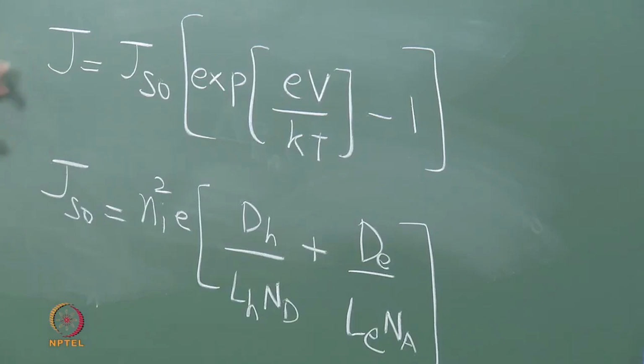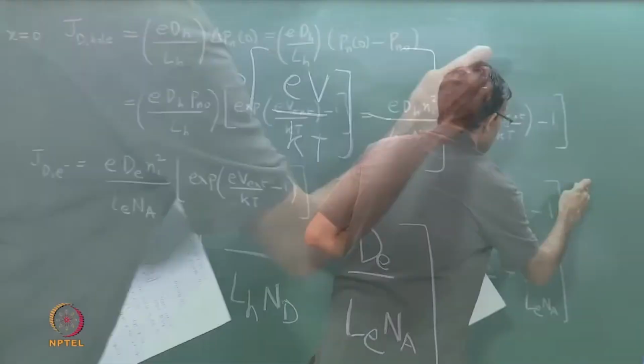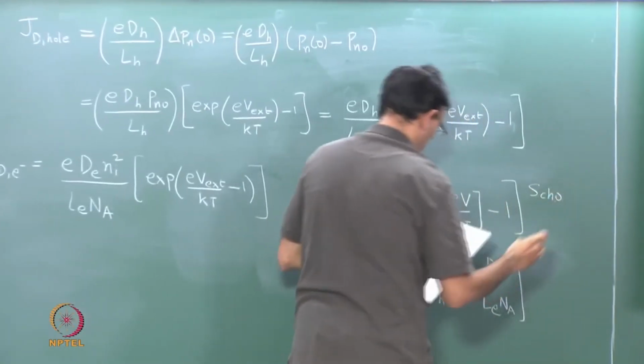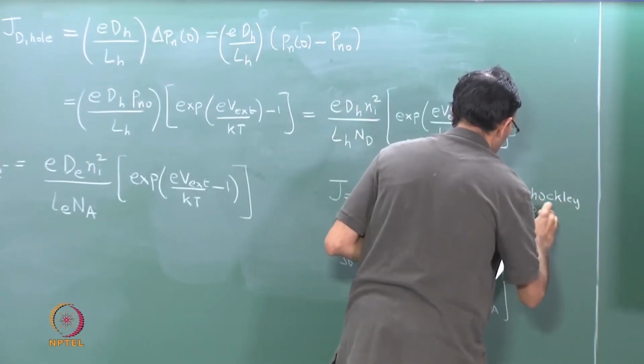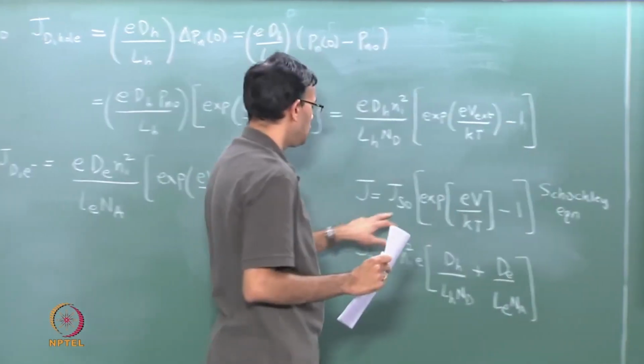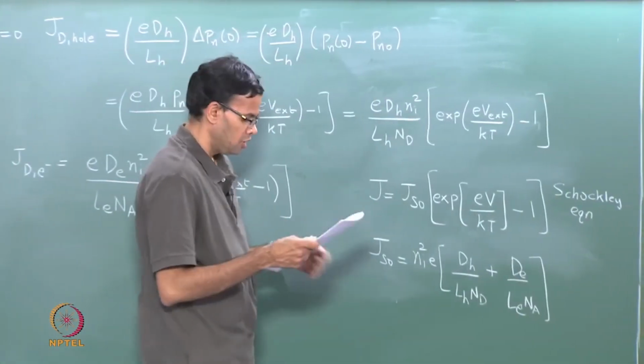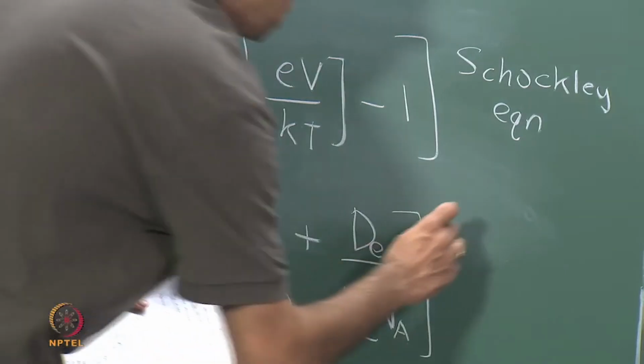So this equation is called the Shockley equation. And this constant term Js naught is called the reverse saturation current density.